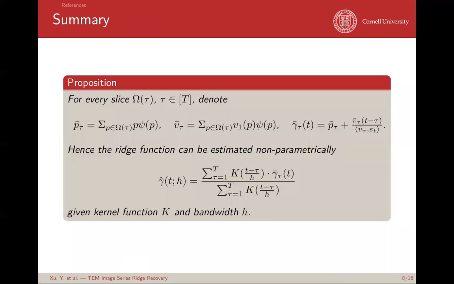And to give the non-parametric estimate, we can use the pixel weight to calculate the weighted average location and tangent for each slice, and hence the slice-specific linear functional element accordingly. The non-parametric ridge function can then be given by the classical form with kernel function k and bandwidth h. The choices of k and h are well studied in the non-parametric literature.